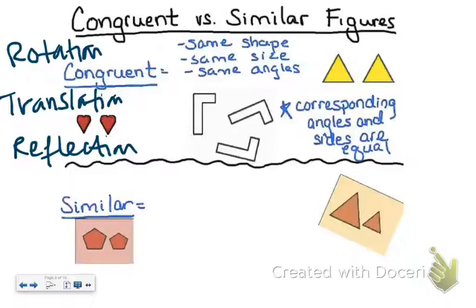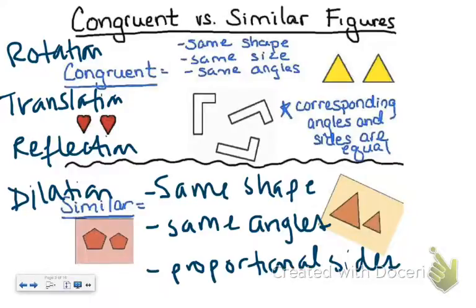So today's transformation, which is a dilation, produces figures that are similar to one another. So similar figures are still the same shape, they have the same angle measure, but what's key about dilations is that their sides are proportional. So obviously when we're making an image bigger or smaller, the side lengths are going to change, but they don't change by different amounts.